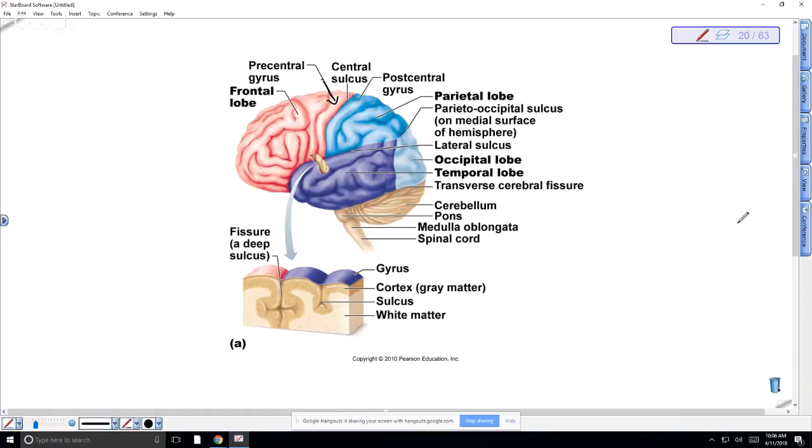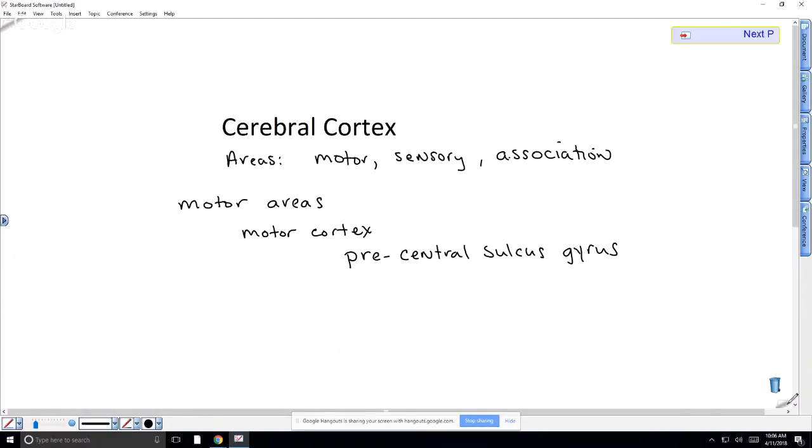And so this motor cortex is really interesting because this is what allows us to be able to consciously move different parts of our body. So this is responsible for conscious movement of skeletal muscle. And the really interesting thing about the motor cortex is that it is mapped so that different parts of the cortex are associated with different parts of the body.